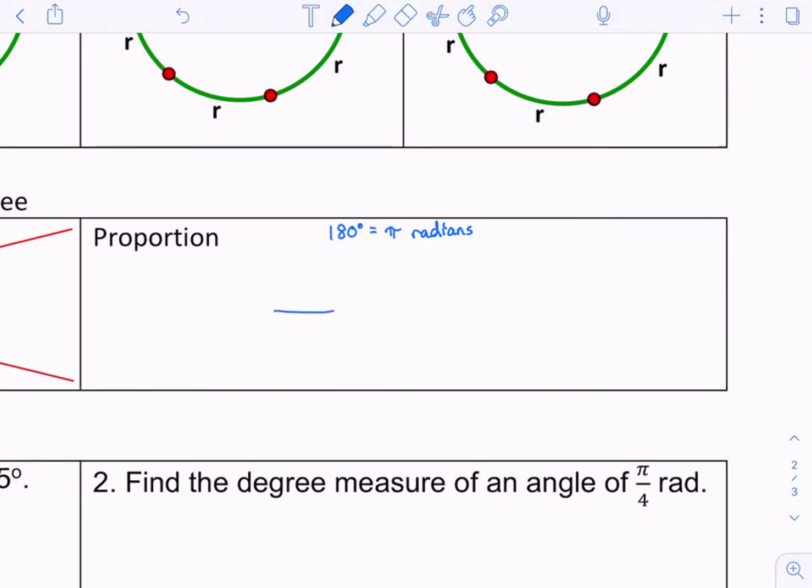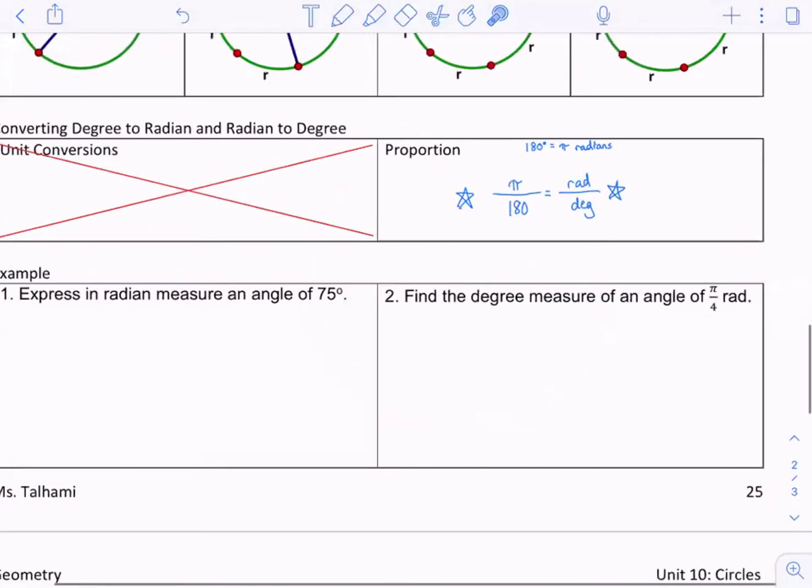So when I set up a proportion, I have to say pi to 180, with radians on top and degrees on bottom. Pi over 180 equals radian over degree. So if you know the radian, you'll put in the radian. If you know the degree, you'll put in the degree. I'm going to do 2 examples with you, and then I'm going to let you practice a little bit on your own.